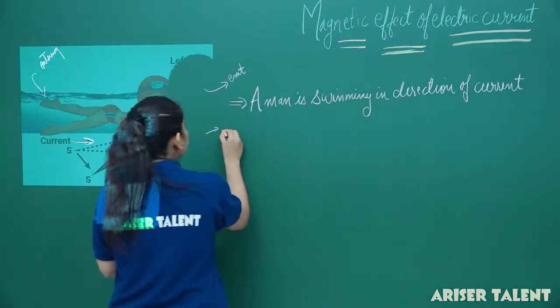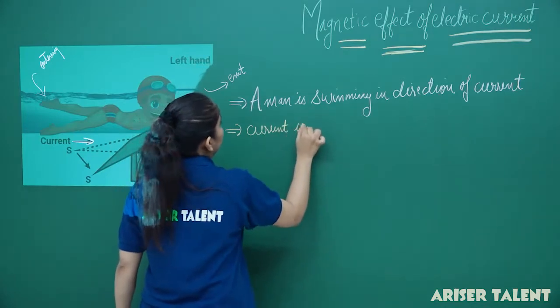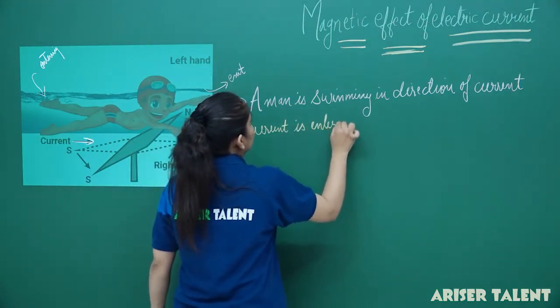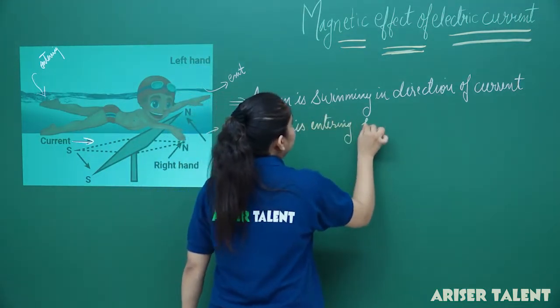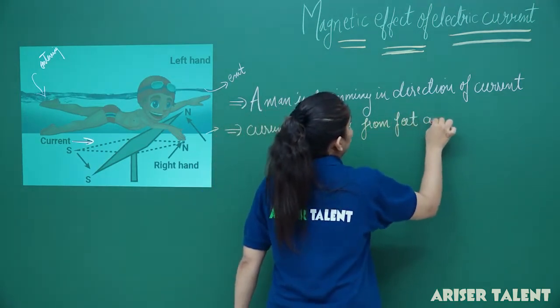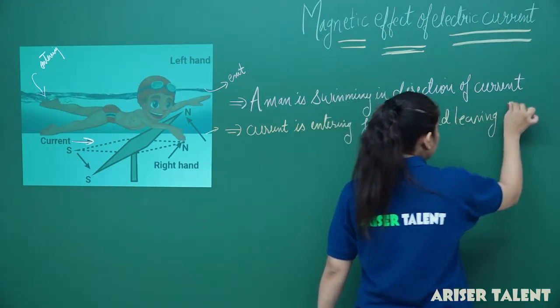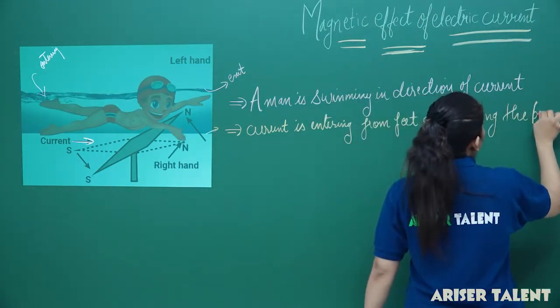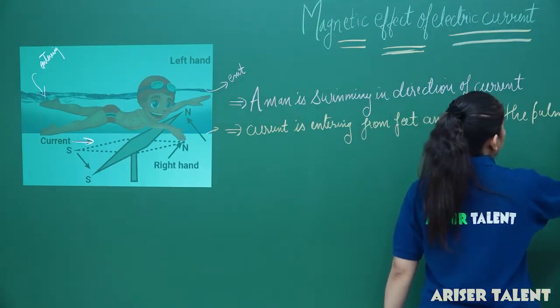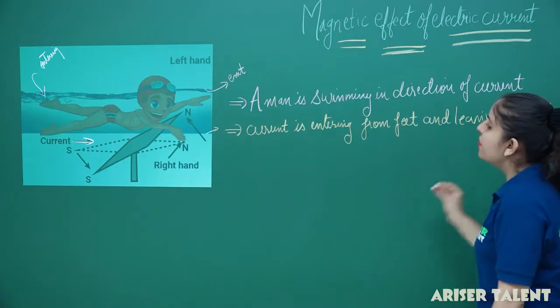So, such that current is entering from the feet and leaving from the palms of the hand. This is how the situation is working.